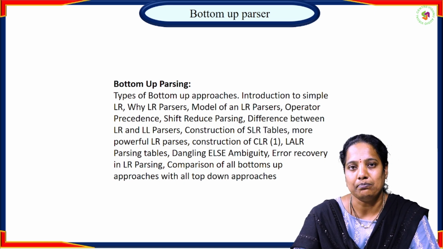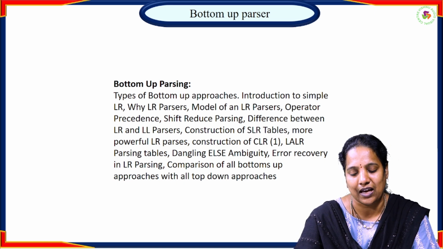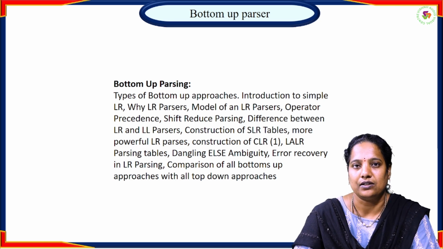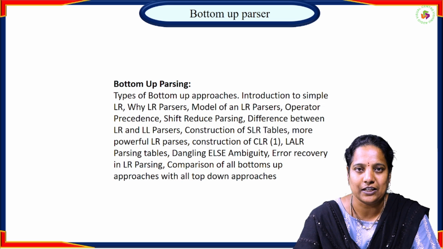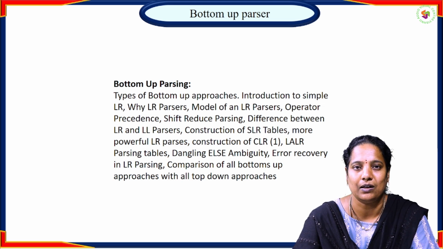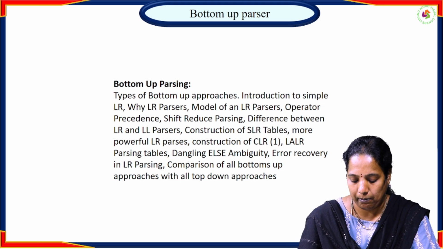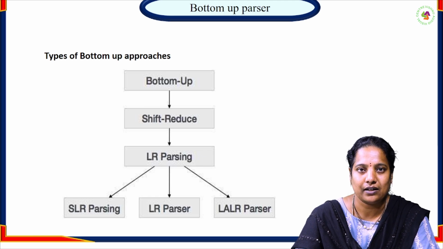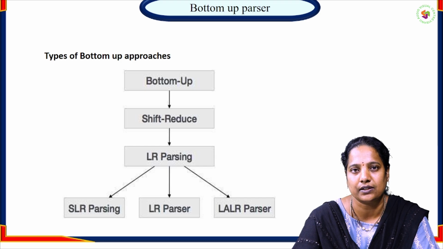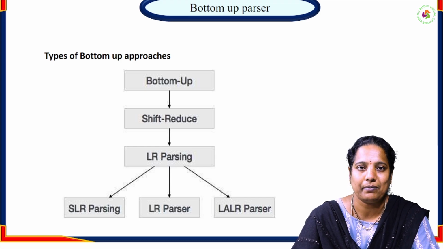In the bottom-up parser, we have various types of parsers: the shift reduce parser, the LR parser, and the operator precedence parser. All these will be discussed inside the bottom-up parser. The first parser that we have to discuss is the shift reduce parser.